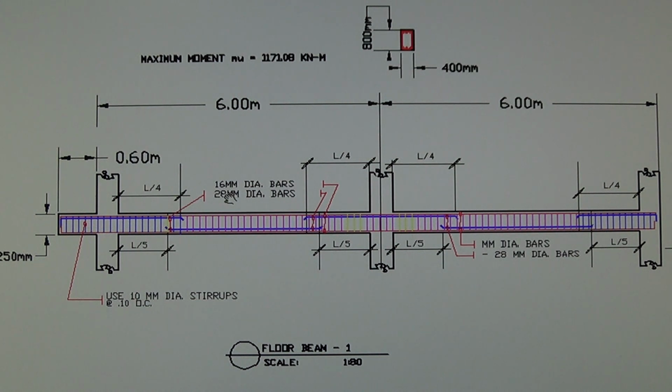See, this is a 28 millimeter diameter bar. We don't know how many bars we're going to end up with. Well, let's find out how many. The size of the beam is 800 by 400 millimeter. I'm just going to have to change the stirrups right here.